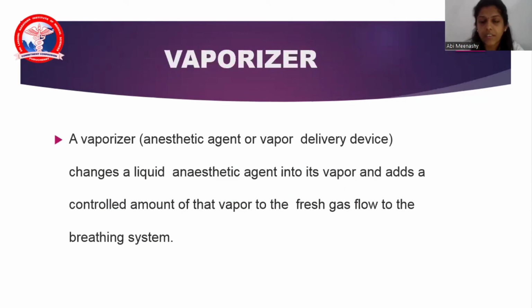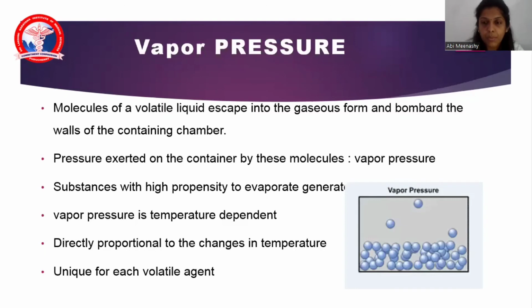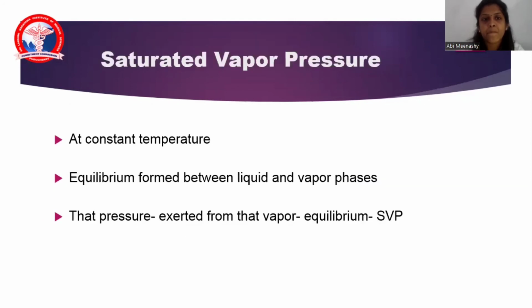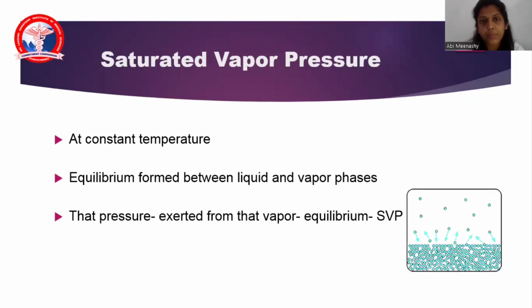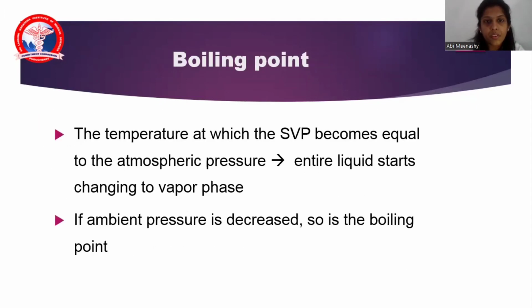Vaporizer is a device that is delivering the vapor. Vapor pressure is the amount of pressure exerted by these molecules around the container. Saturated vapor pressure is a point of pressure at constant temperature where there's 50% vapor and 50% liquid.